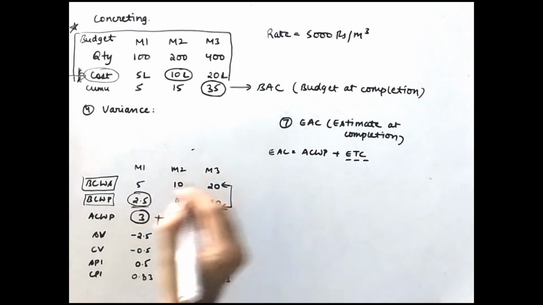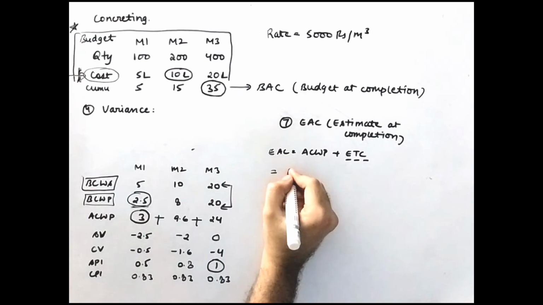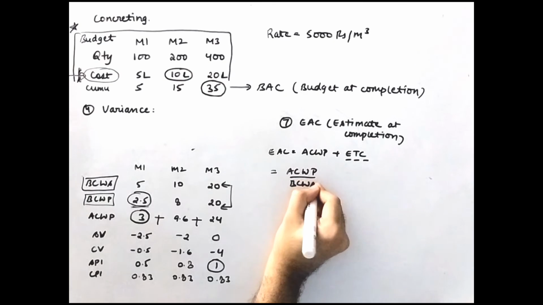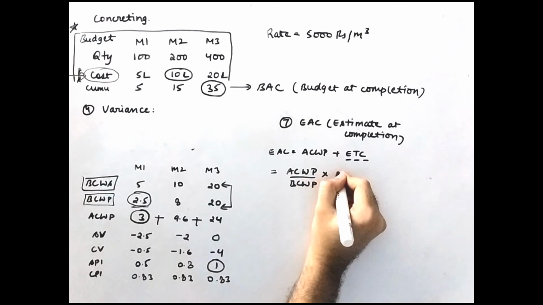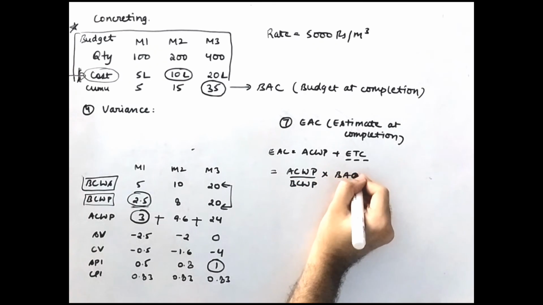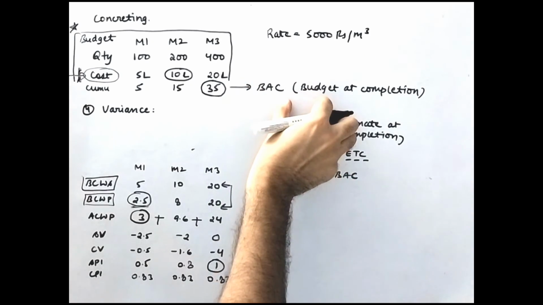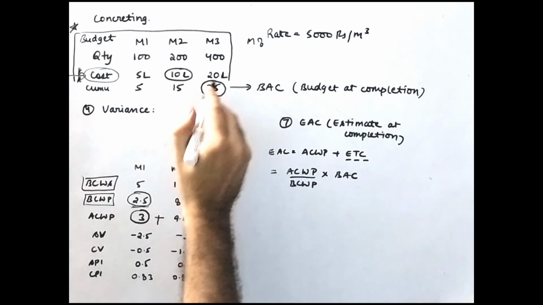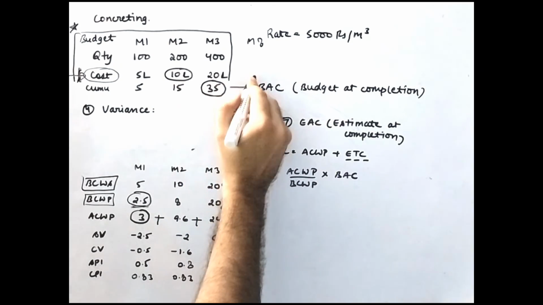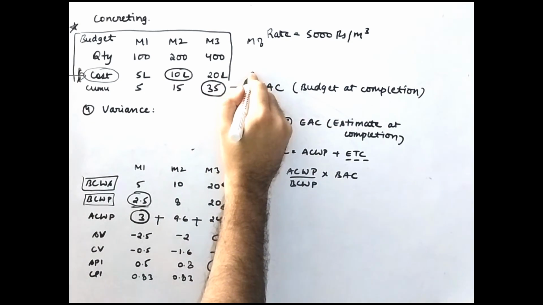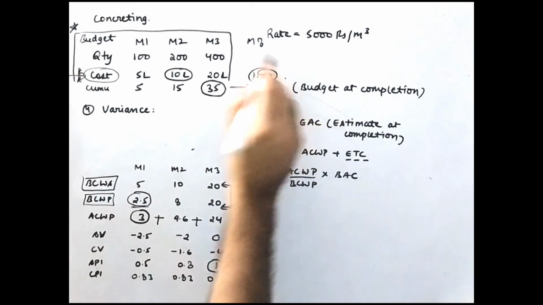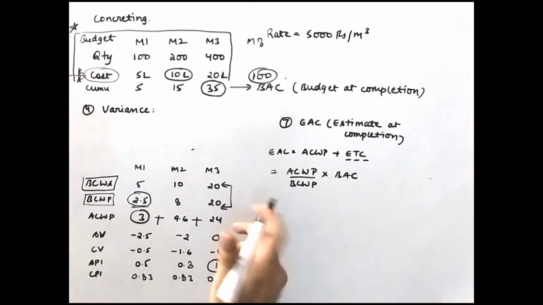Otherwise, there is also another formula to calculate EAC: ACWP divided by BCWP multiplied by budget at completion. Let's say the project was of 8 months and as per the budget your concreting activity will be completed in, let us assume, 100 lakh rupees, 1 crore rupees.